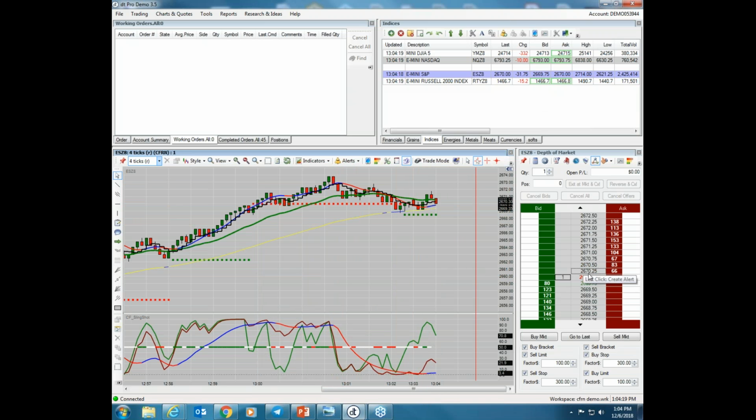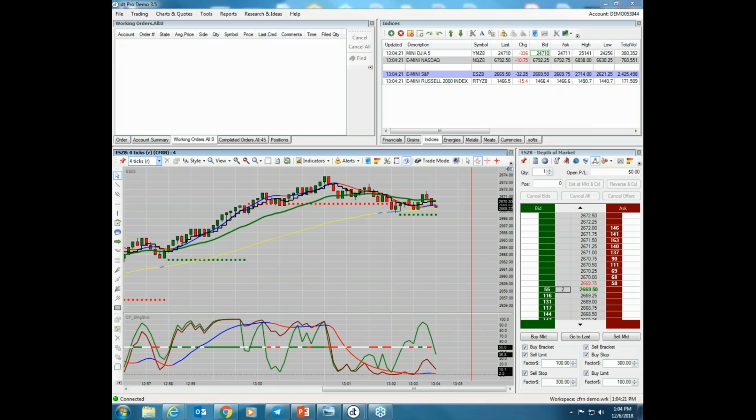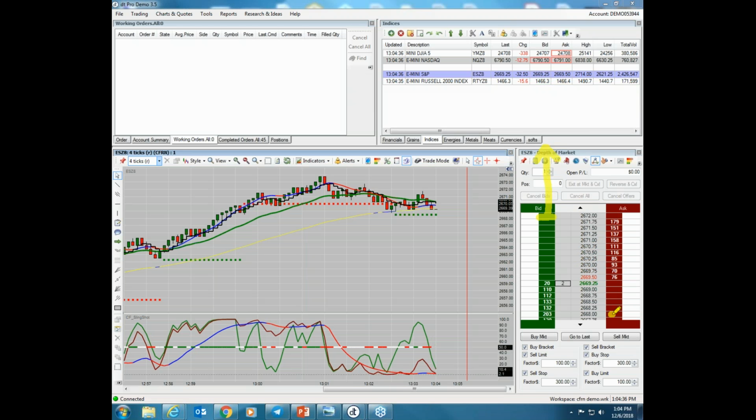So if the S&P is at 2670 and a quarter, he'll be right-clicking in the green above the market with the anticipation the market's going to go up in his direction. Or if we're here at 2670, he might be right-clicking underneath the market, waiting for the market to break down and selling it on weakness. The idea is to be proactive on those occasions where the market takes off and you're sitting, waiting, trying to get in, and it has already blasted out.